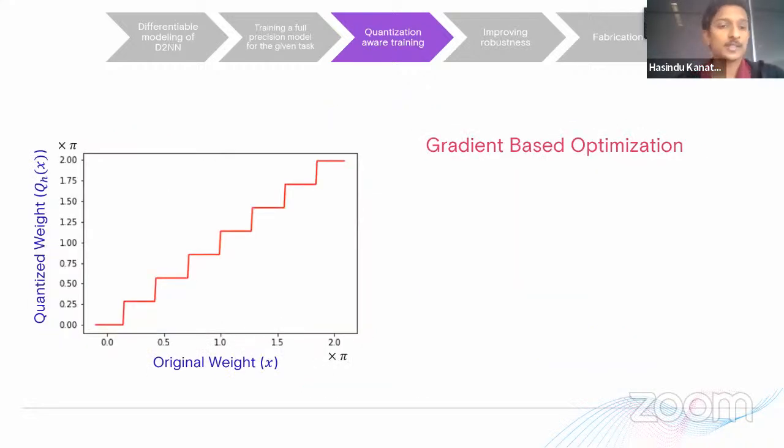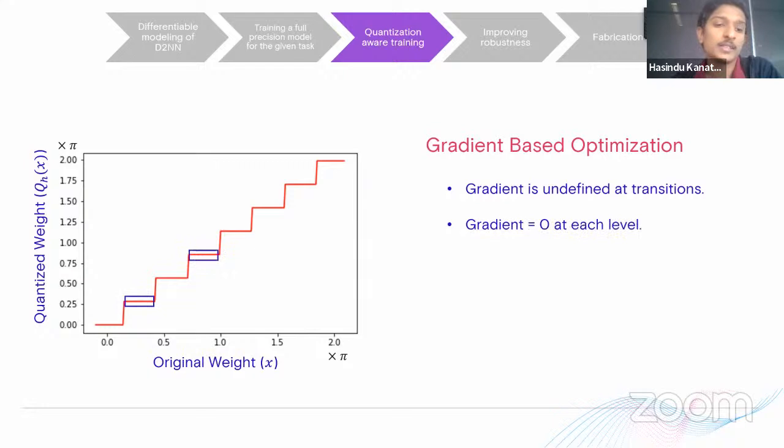If we consider the previous function that I showed you, we are using gradient based optimization methods. When using gradient based optimization with this function, there are two issues we face. This function has sharp transitions, and the gradient in these transitions is undefined. So this function is not differentiable, and also at each level the gradient is zero.